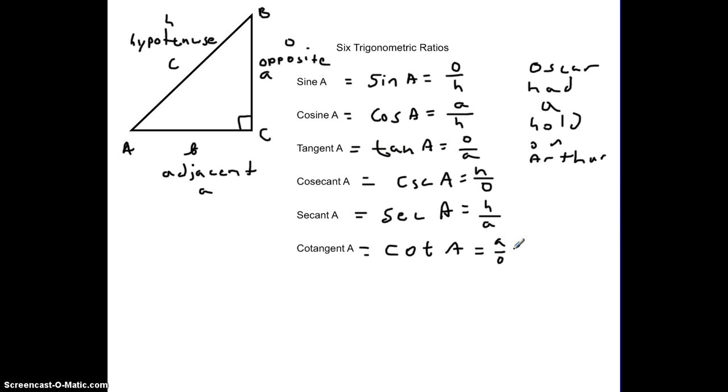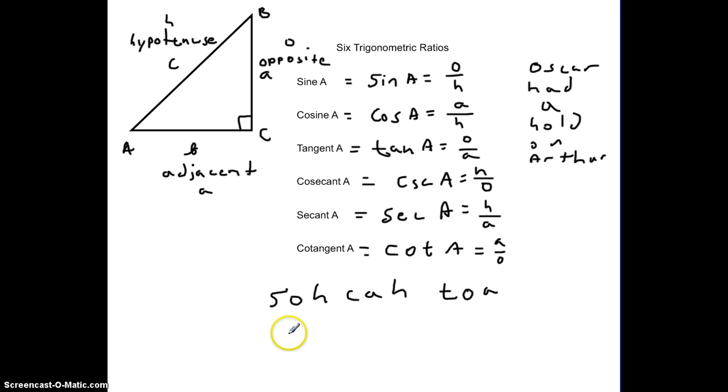And there are other memory tricks as well. One popular version is to say that sine is opposite over hypotenuse, so you could call that SOH, and then cosine is equal to the adjacent over hypotenuse, so cosine adjacent hypotenuse, and then for tangent it would be equal to the opposite over the adjacent.